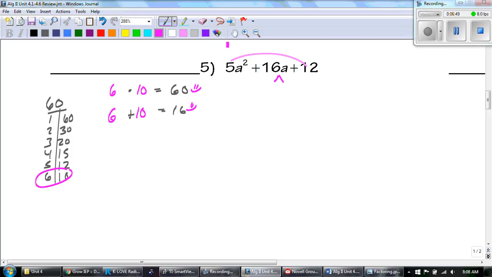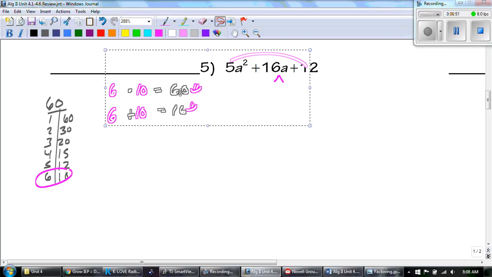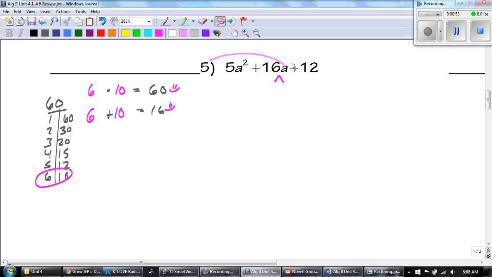All right, so we got to split this bad boy up. I'm just going to move this over a little bit. So we get 5a squared plus 6a plus 10a plus 12.